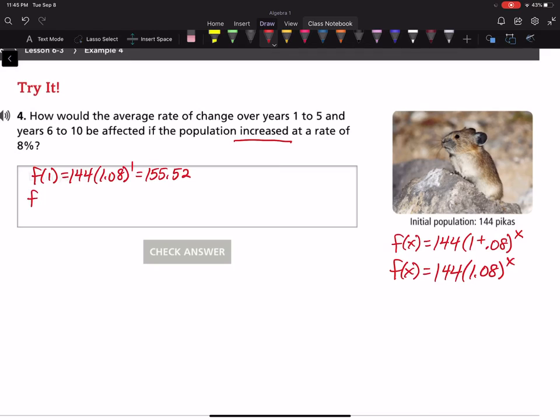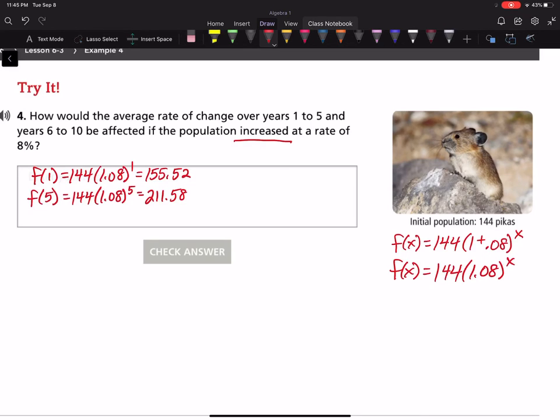If you do f of 5, that is 211.58. That's rounded.